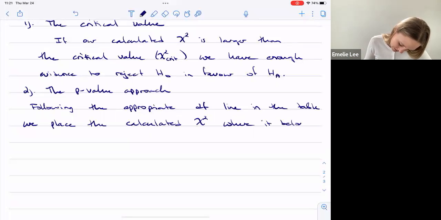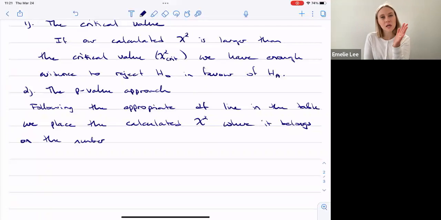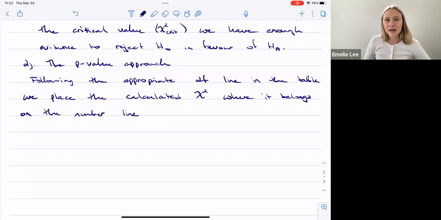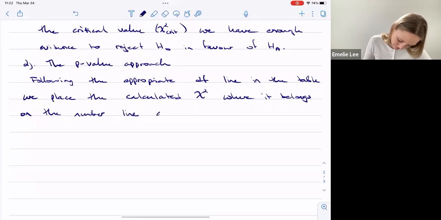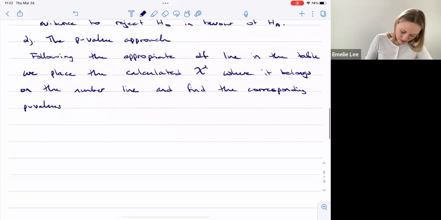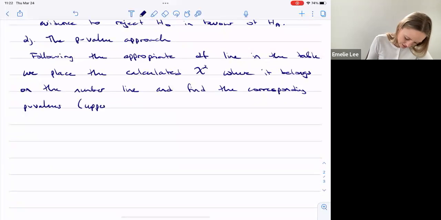As the area in the tail is decreasing, those chi-squareds are all moving further out into the tail. So you can place your chi-squared on the number line and find the corresponding p-values, which are the upper tail areas.